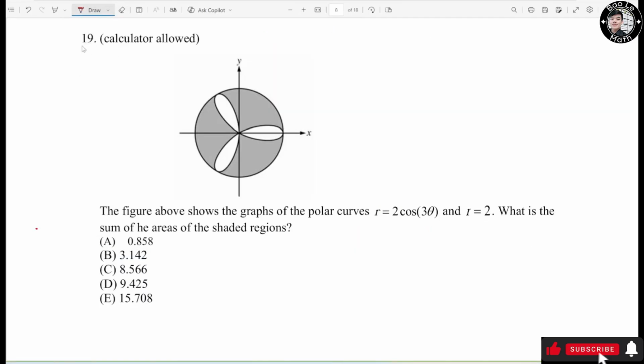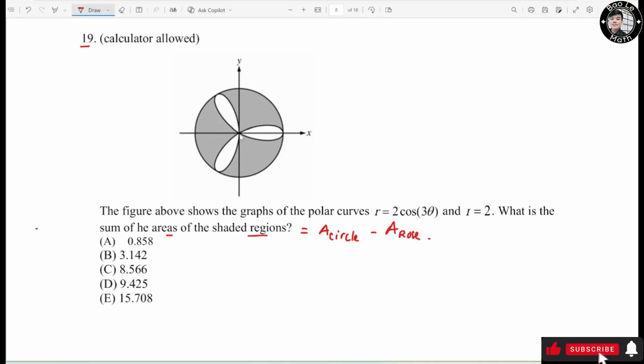Now let's move on to question 19. The figure above shows the graphs of the polar curves r equals 2 cosine 3 theta and r equals 2. What is the sum of the areas of the shaded regions? Alright, so the area of the shaded region equals the area of the circle subtract the area of the rose, right?